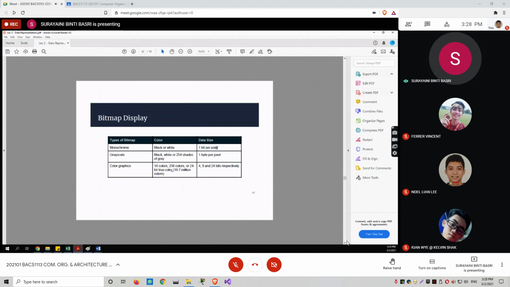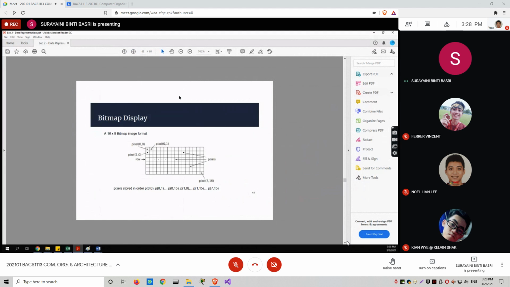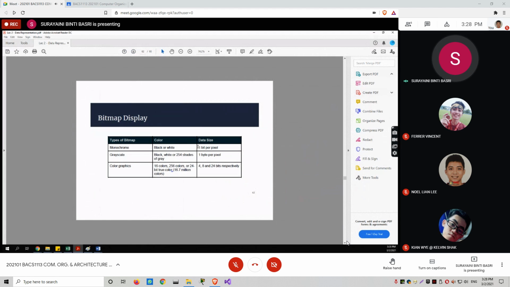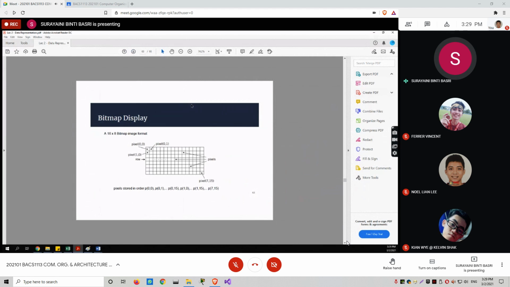For example, like this, meaning each one of this grid only holds either 1 or 0. So that is what it means by 1 bit per pixel, meaning only 1 bit in this pixel. Each of this small grid, we call a pixel.